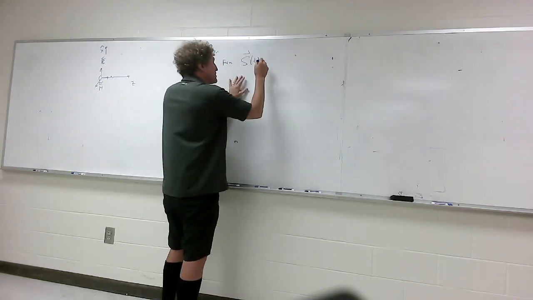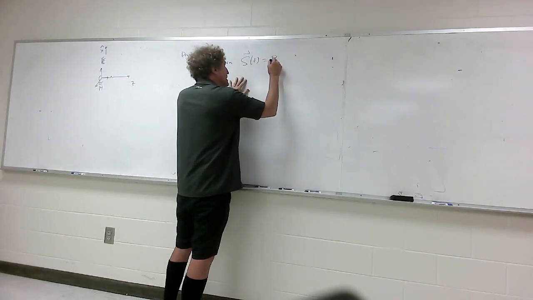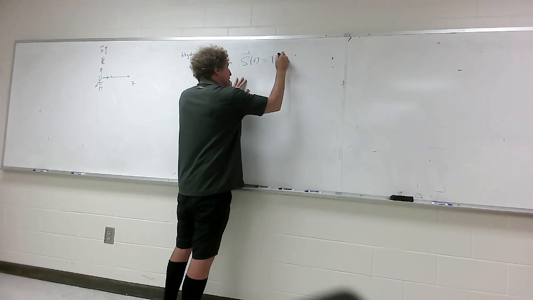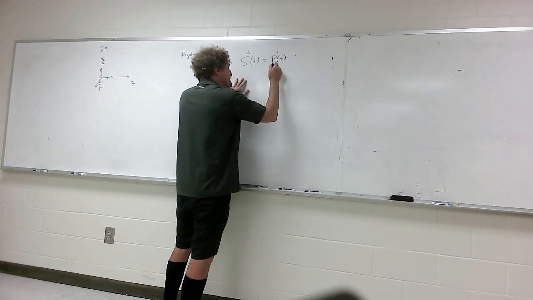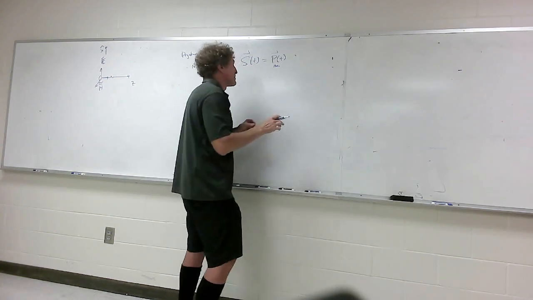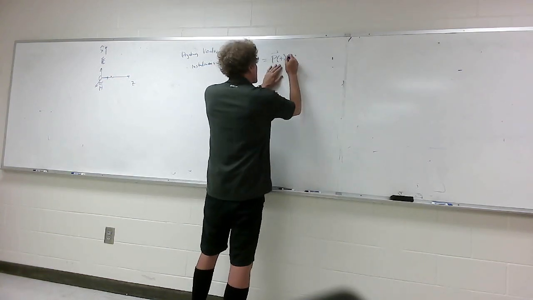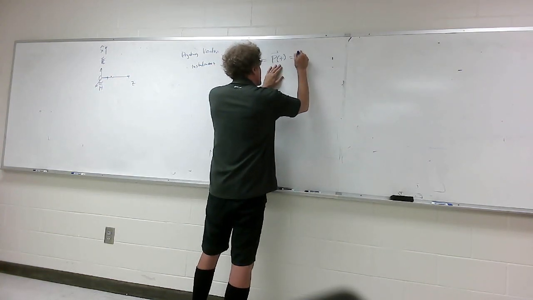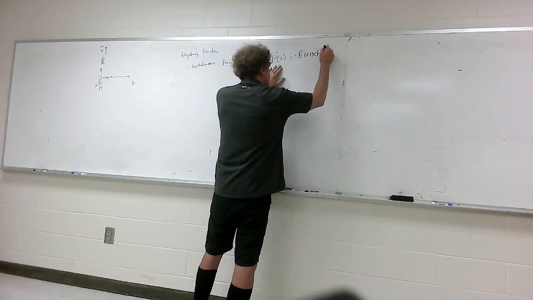But he will use P of T, and I believe he has P of T, and he may have P average of T, which is kind of misleading. But what they are is this. It's going to be simply E of T, and that's a vector crossed into H of T.